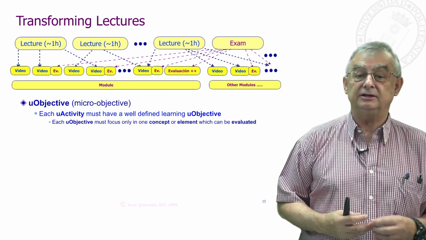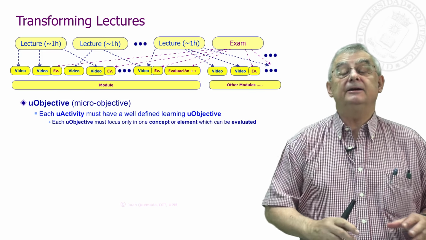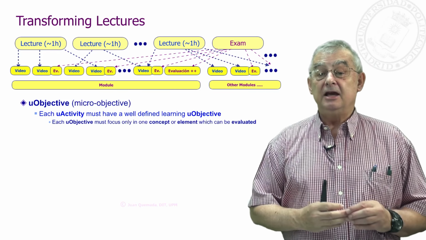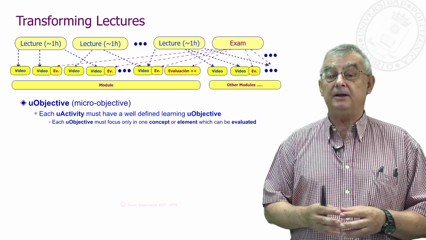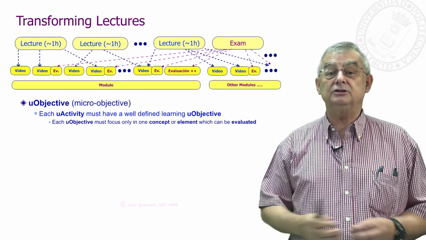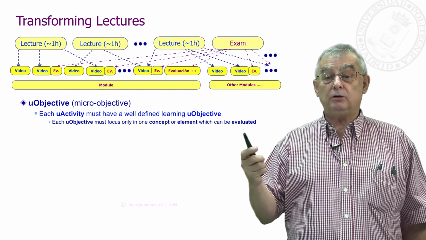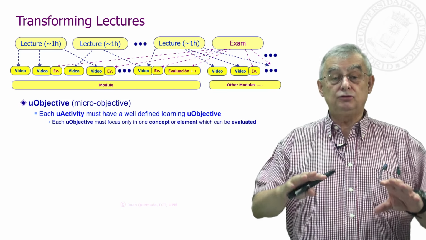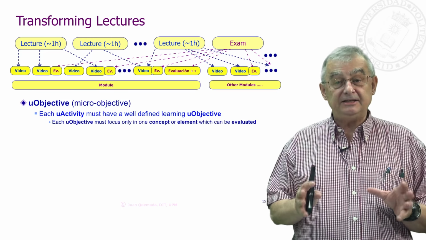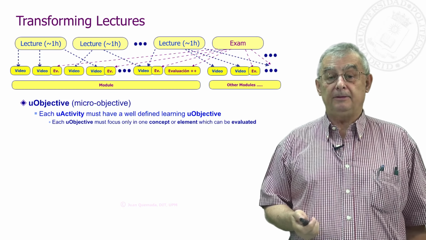So micro-objectives should focus, as micro-learning recommends, on one concept or element, or at least a very few of them which are very simple and which can reasonably be put together in such a small micro-activity. It is important that the micro-objectives can be evaluated, because if you choose a well-defined topic, it will be easy to evaluate, and then you will go to this structure without any problem.